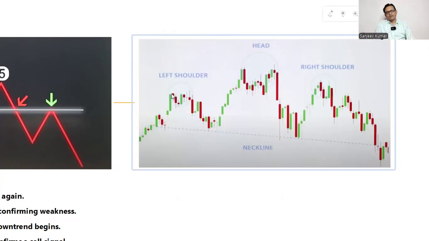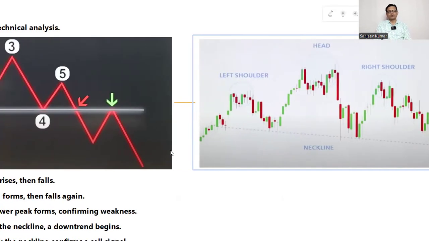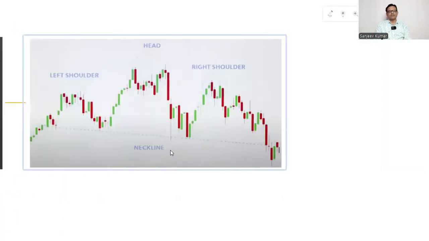Uptrend, then some consolidation, then downtrend, again a reversal, it makes a head, again a downtrend. This is the neckline, this is the right shoulder, left shoulder, right shoulder, head, neckline, breakout of the neckline, almost the same.